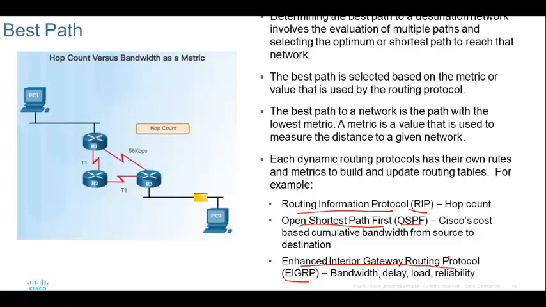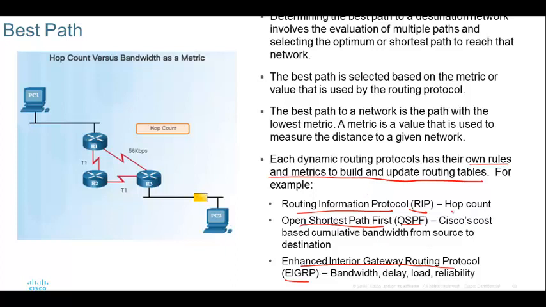Now, the question is, why do we need so many routing protocols? It is because, the answer is here. Each routing protocol has got its own rules and metrics to build and update the routing table. For example, RIP uses hop count.